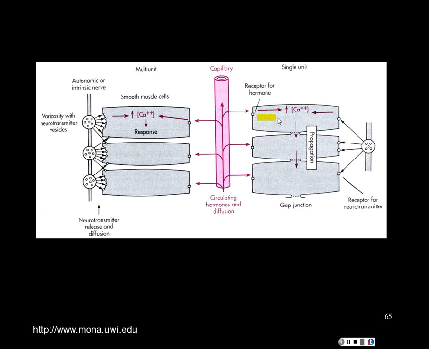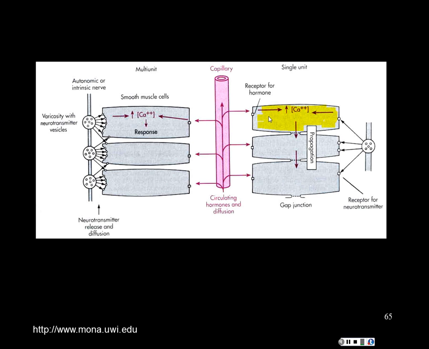We're labeling this cell right here in yellow, the pacemaker cell. It sets the what? It initiates the action potential and the frequency of action potentials, all by its little self.